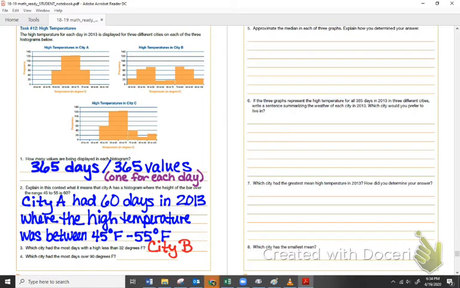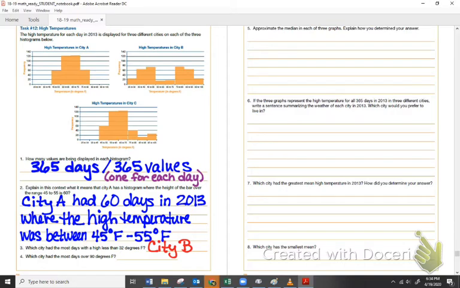Question 4, which city had the most days over 90 degrees? All right, so looking at city A, they didn't have any days that were over 85 degrees. City B had just over 60 days that were between 85 and 95. And then they had just over 20 days that were between 95 and 105.